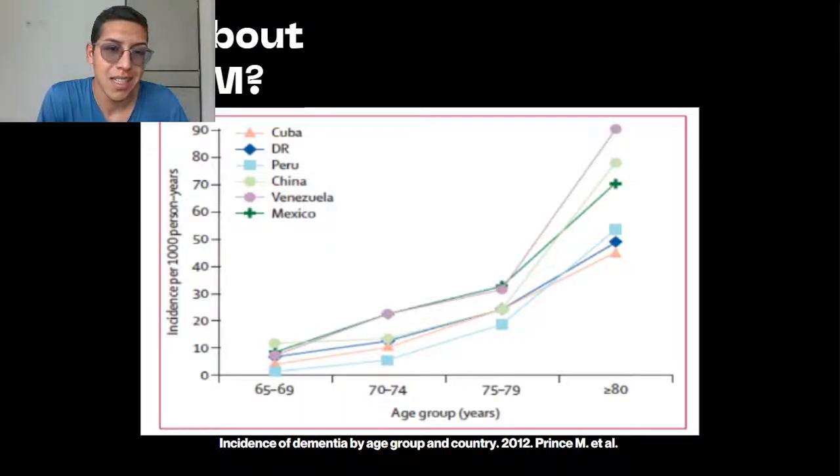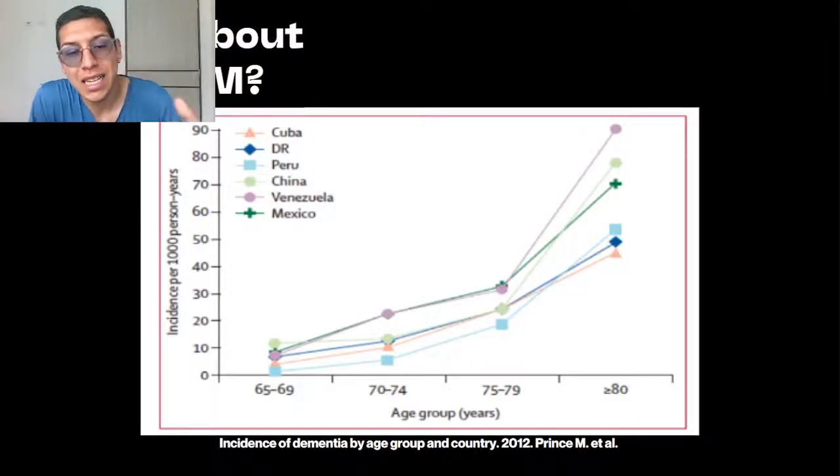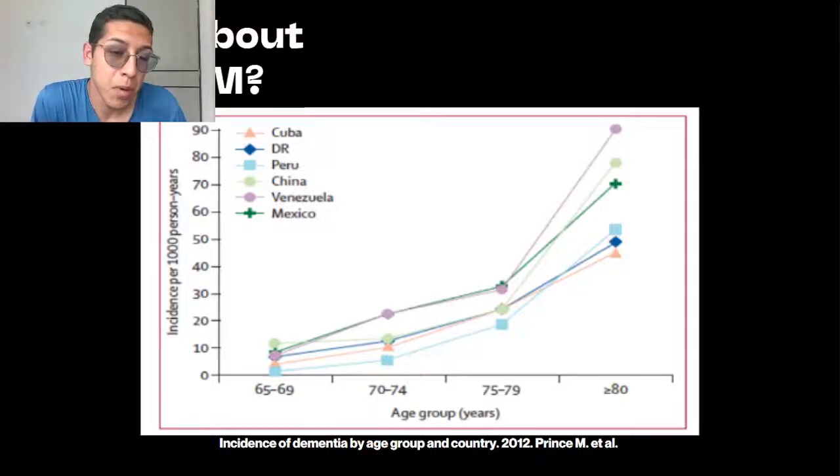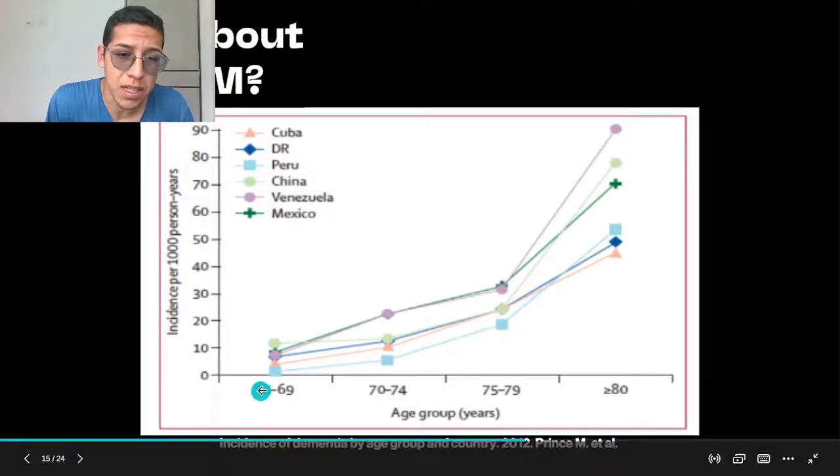I don't know why China is in this graph, because there are more or less just Latin American countries. But okay, China just overcomes Venezuela in the first group, that is between 65 and 69 years old.